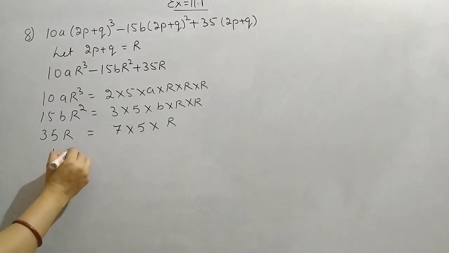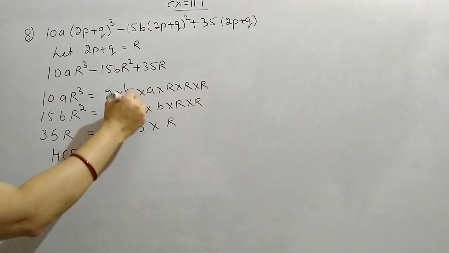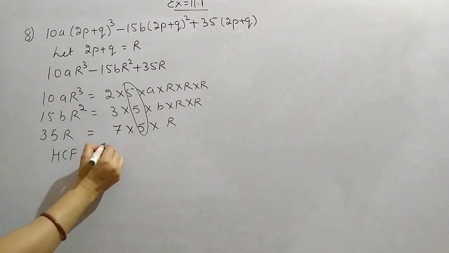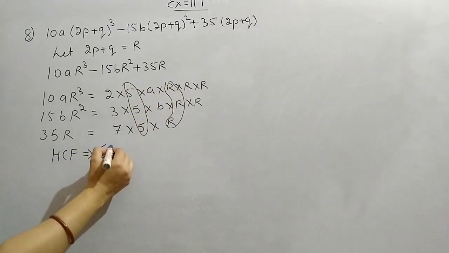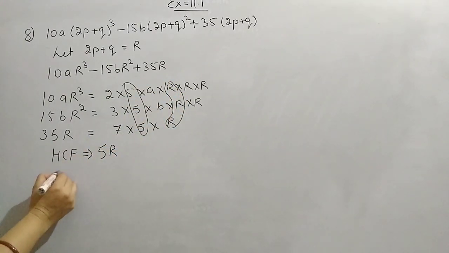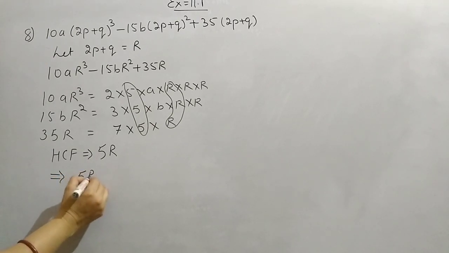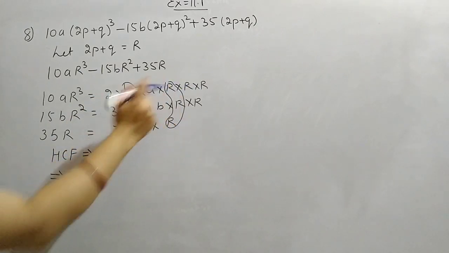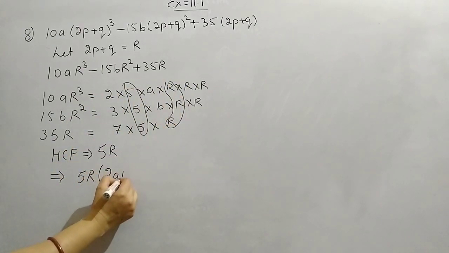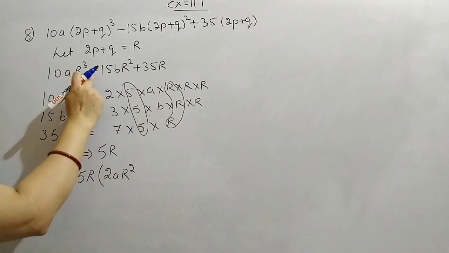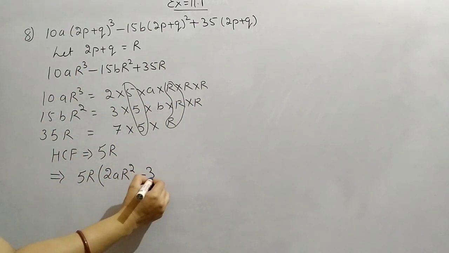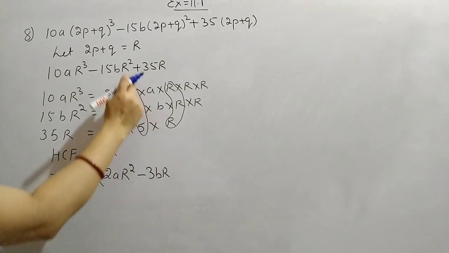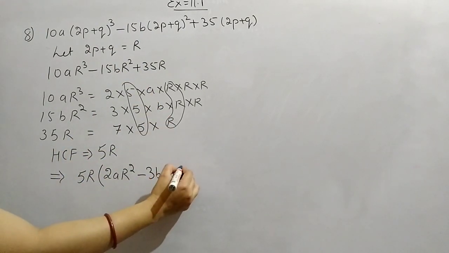Then we have to take the HCF. You can see here one 5 is common and one r is common. So 5r is the HCF here. The factors will be 5r, the common term you write outside the bracket, then inside the bracket 2ar square, then minus 3br, then plus 7.